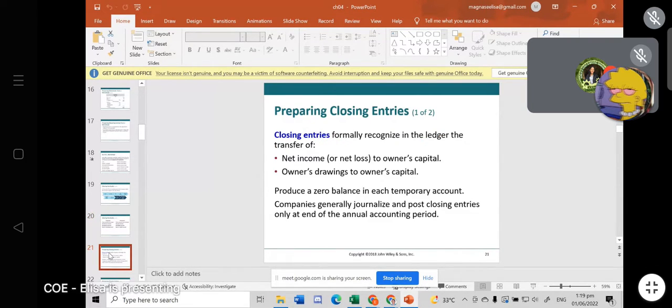owner's capital account. So closing entries formally recognize in the ledger the transfer of net income or loss to owner's capital. At the end of the period, whatever income or loss was generated during the period will ultimately be closed to the capital account of the owner.